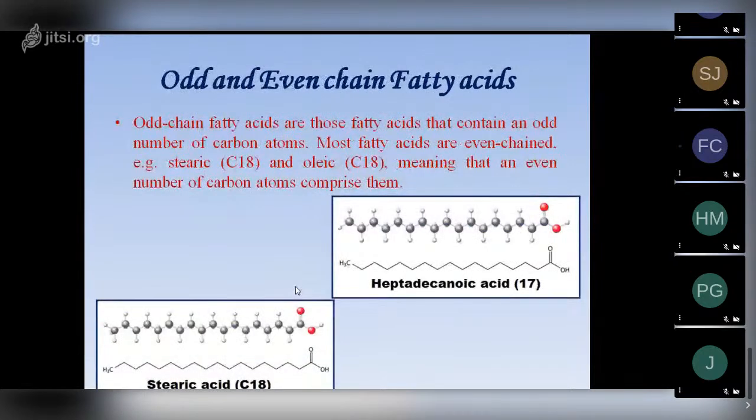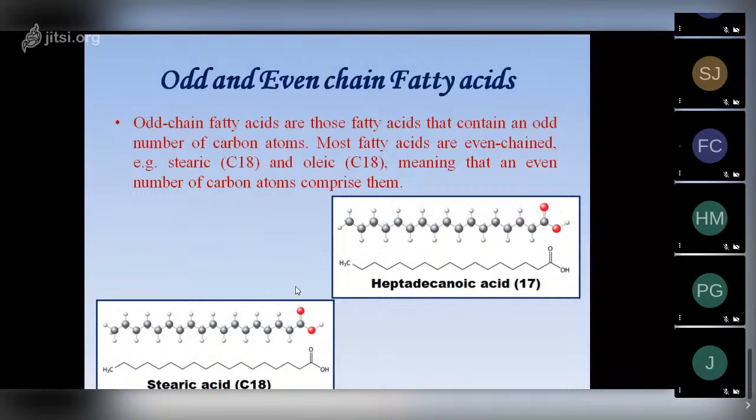And depending on the number of carbons present in the chain, the fatty acid can be of two types. One is the odd chain fatty acid, the other one is the even chain fatty acid. Odd chain means if an odd number of carbons are present in the fatty acid, then it will be the odd chain fatty acid.